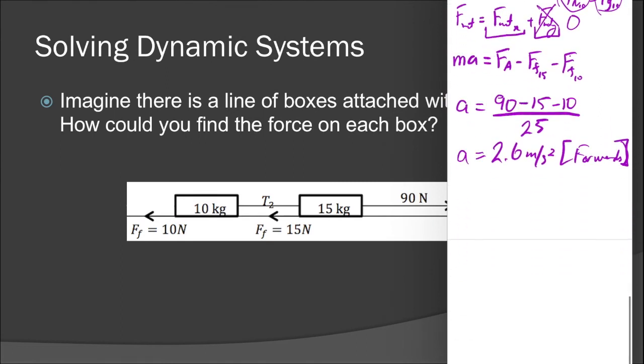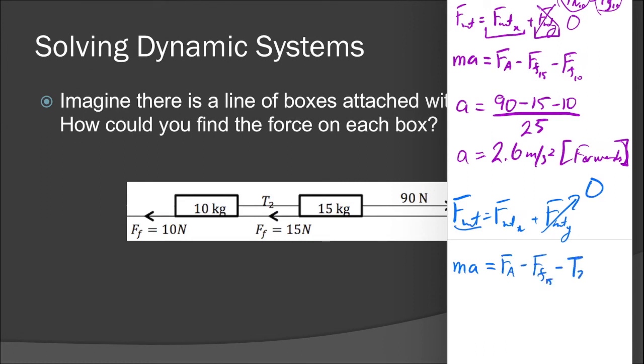So let's try both. First, we will look at our system with the 15 kilogram box. Here we know our net force is equal to our F net in the X plus our F net in the Y. As before, we know our normal force cancels out with our gravity, so this is equal to 0, and we are left with just the X. The F net of our system is M times A, which is equal to the applied force minus the force of friction on the 15 box minus this tension force.